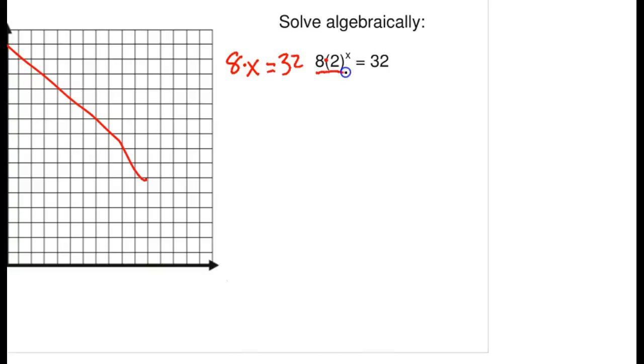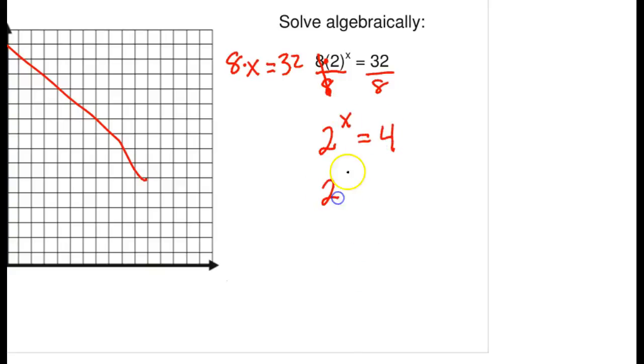So if we have this coefficient of 8, and be careful that 8 is a coefficient, 2 is a base. So you might be thinking, oh, they're both, quote, big numbers, but 2 is not a coefficient. 2 is a base. So you always divide by a coefficient, a number that's being multiplied by. So we can cancel those out just like we always do. Same rules we're used to doing.